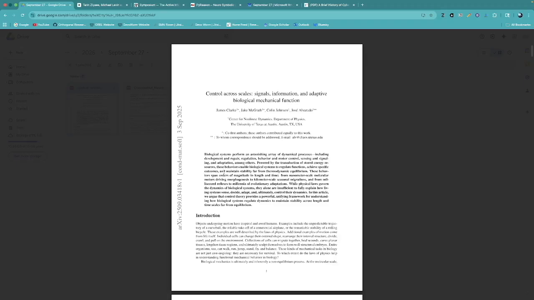These behaviors span orders of magnitude in length and in time. So from nanometer scale molecular motors driving morphogenesis to kilometer scale seasonal migrations, and from millisecond reflexes to millennia of evolutionary adaptations. While physical laws govern the dynamics of biological systems, they alone are insufficient to explain how living systems sense, decide, adapt, and ultimately control their dynamics.